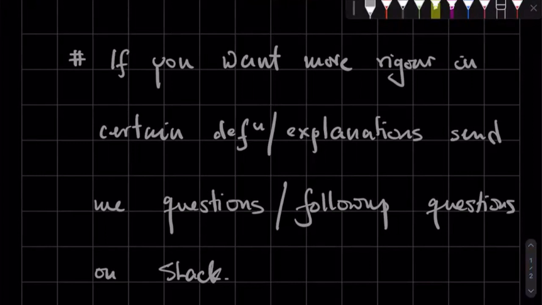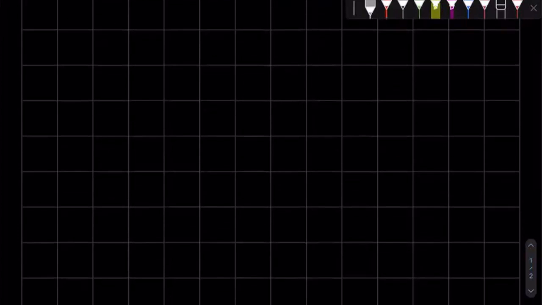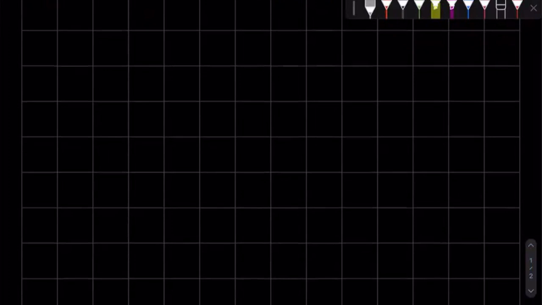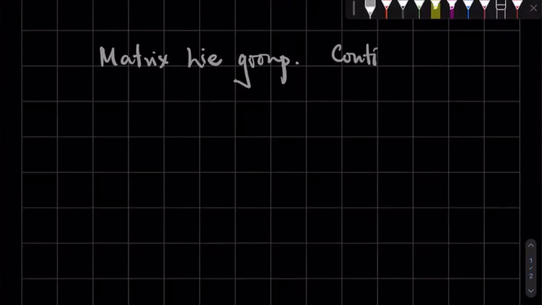All right. So, what is a generator and how do you get to the finite elements of a matrix Lie group? When I say matrix Lie group, what I mean is that it's a continuous group. That means that there are some continuous parameters, not discrete ones.